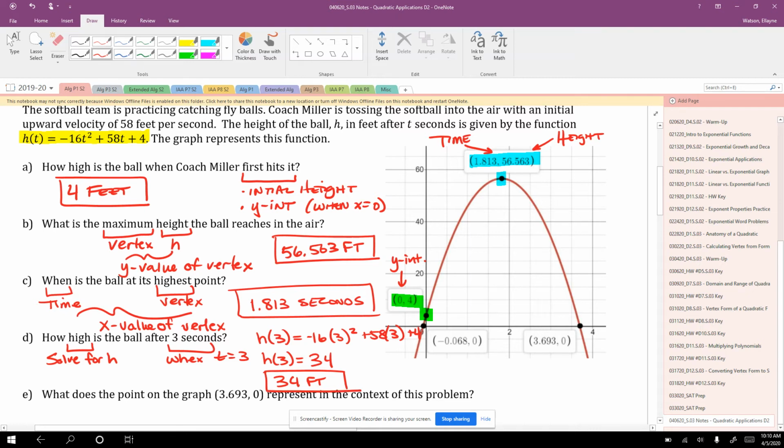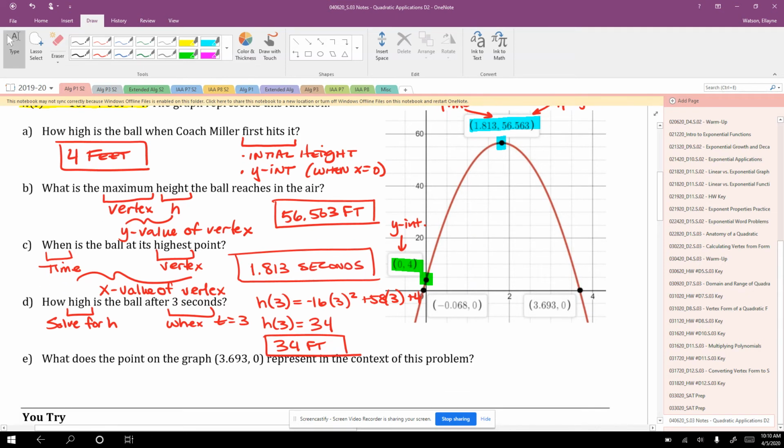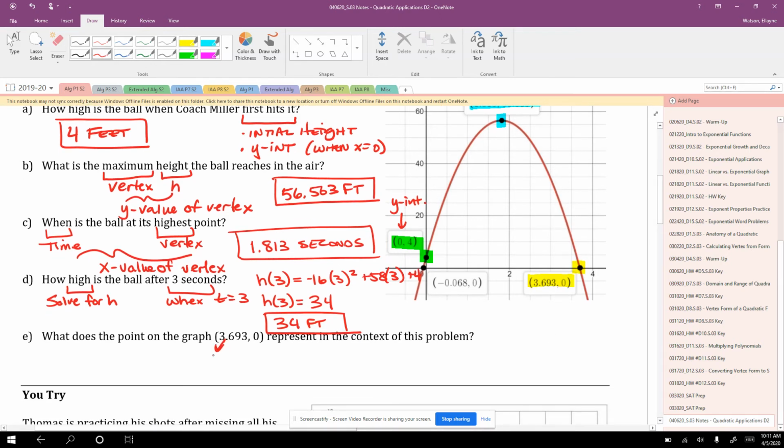And finally, what does the point on the graph, 3.693 comma 0, mean? So on the graph, that's this point right here. So kind of two ways to think about this. This is time, this is height.